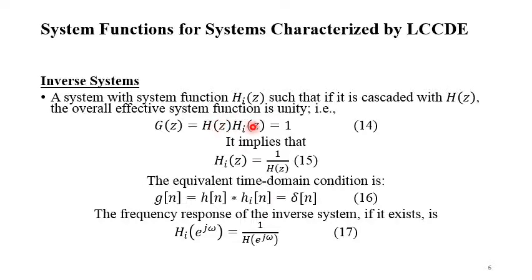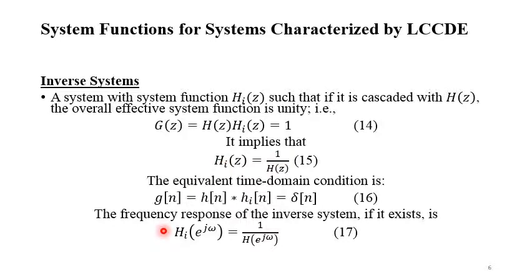So the product of the two will result in 1, because the Z transform of impulse of n is 1. So what is the relationship between the system and its inverse? That's quite straightforward. H_inv of Z will be equal to 1 over H of Z.